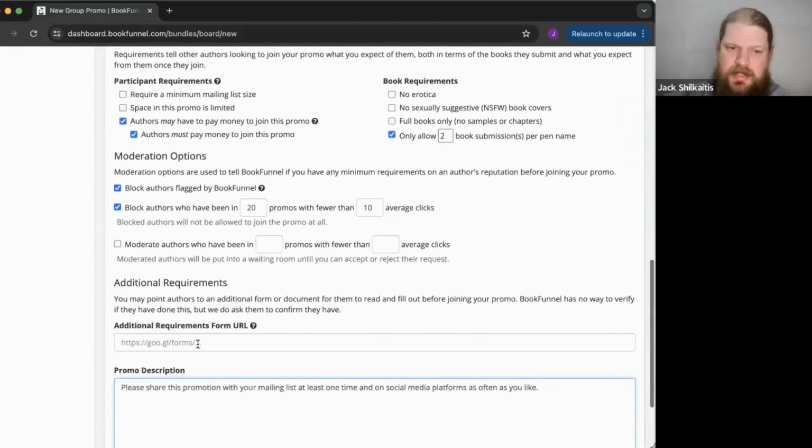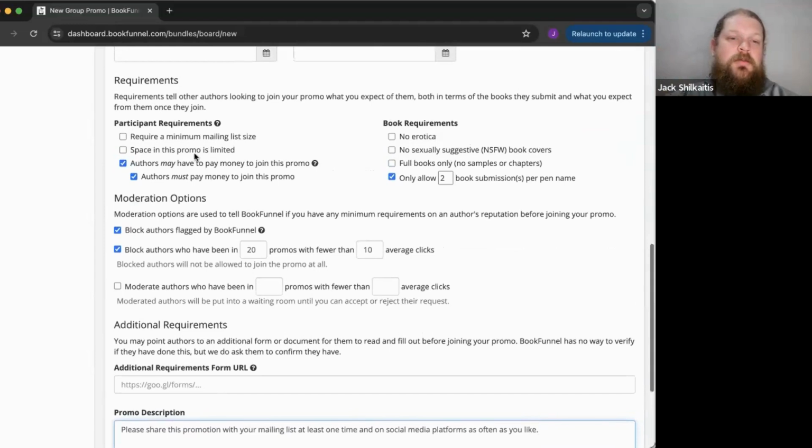BookFunnel can't enforce that, but we do show that to them again when they join. You will have to do a little bit of moderating there and make sure that everybody has done what they're supposed to do, which again is a good reason to use a Google form.